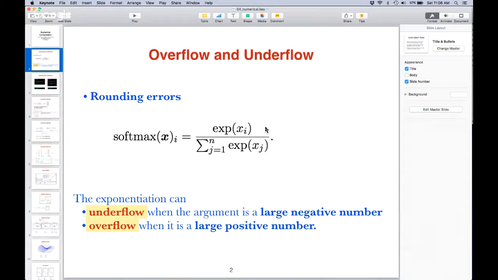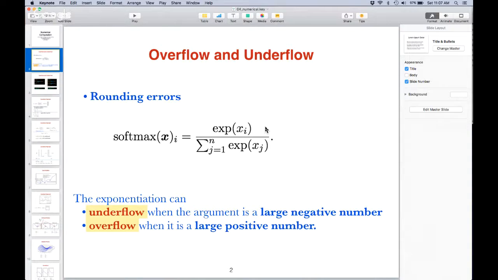If the scores are all the same, equal to a constant c, and the constant is a very large but negative number, then raising e to that power will give a number that is very close to 0.